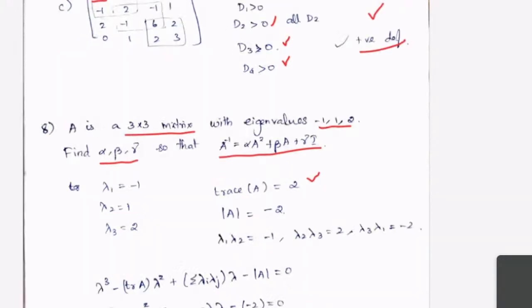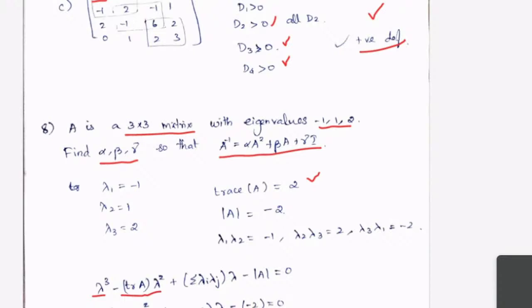So the characteristic equation for a 3 by 3 matrix is lambda cube minus trace of A into lambda square plus summation of lambda i lambda j into lambda minus determinant of A. So this is the characteristic equation for any 3 by 3 matrix. Here we have to find the summation of lambda i lambda j.